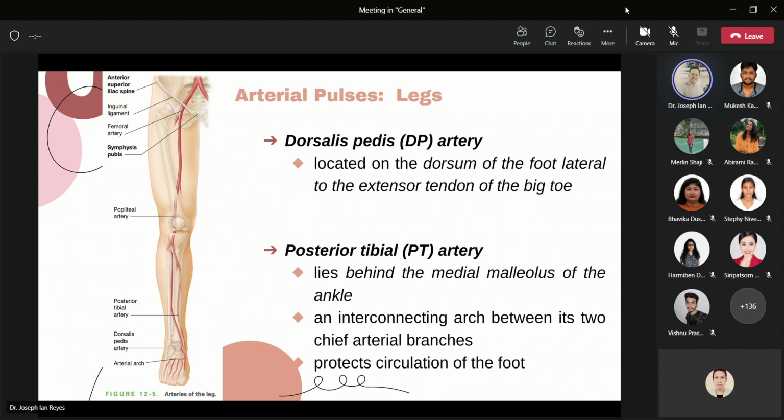There is one thing written in the book: even though there is a rich collateral network that protects the three branches against hypoperfusion in that area of your leg, occlusion of your mesenteric arteries can still result in bowel ischemia and infarction.